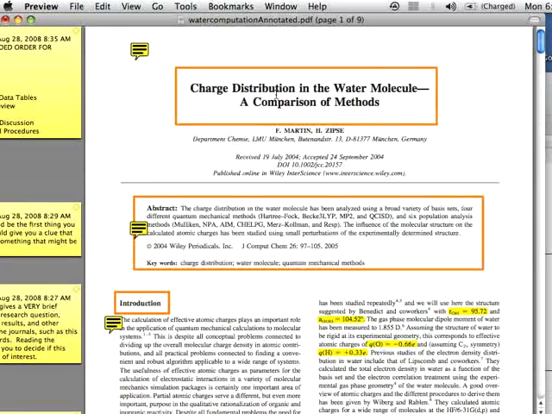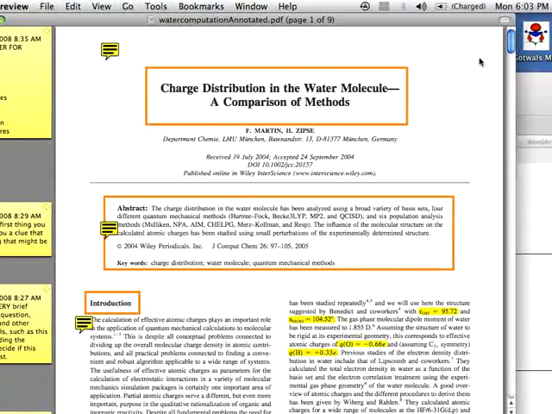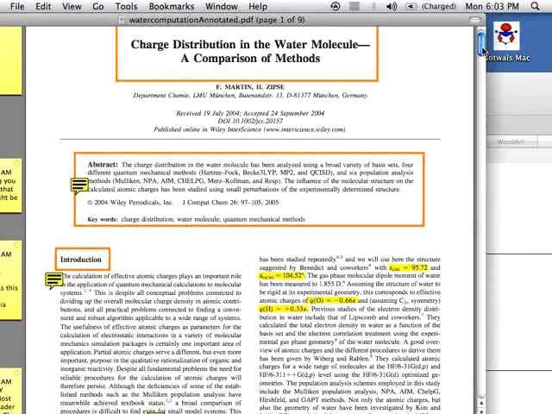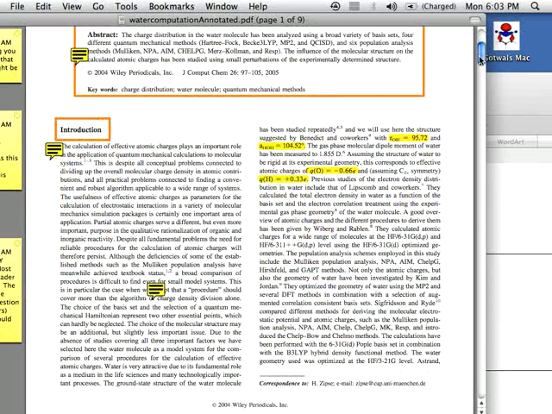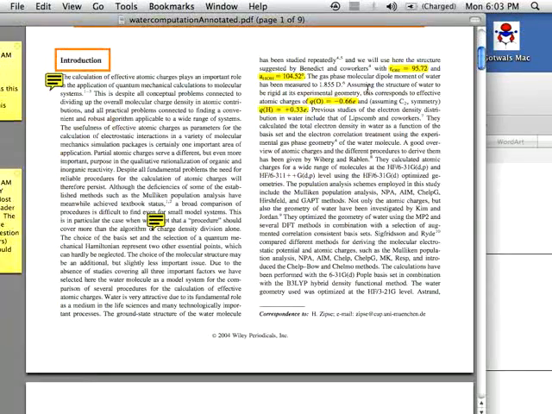Well, that's the periodic table definition of the charges on oxygen and hydrogen. It turns out actually when we really look at oxygen and hydrogen, the charges are not integer numbers like -2 and +1. So down here I've highlighted in the introduction what they think the charges are.